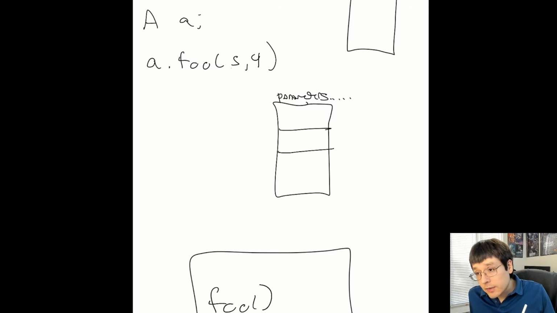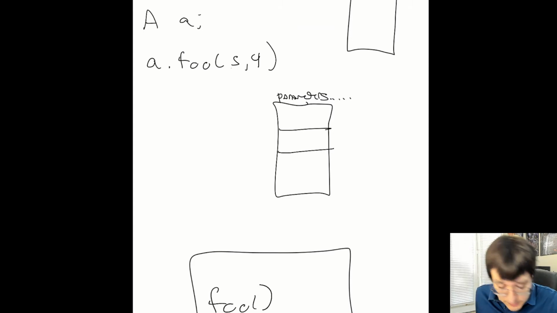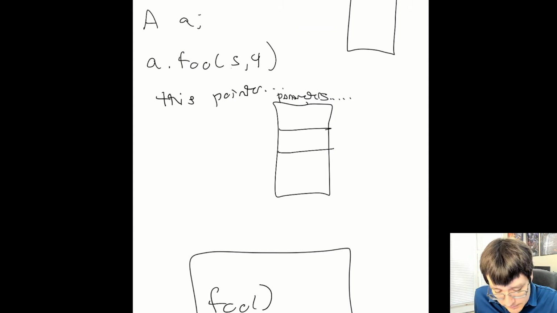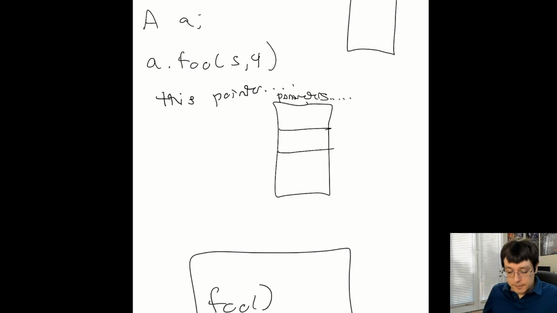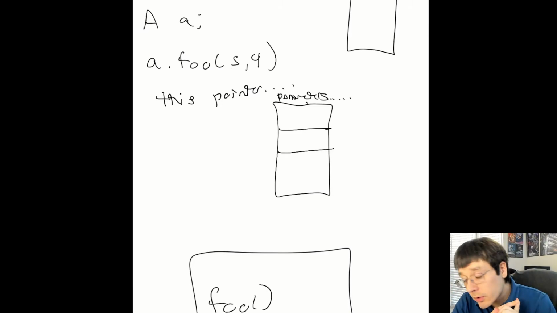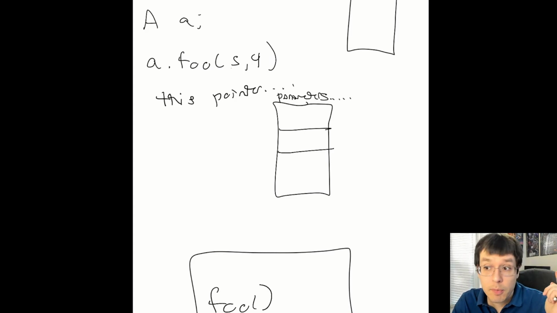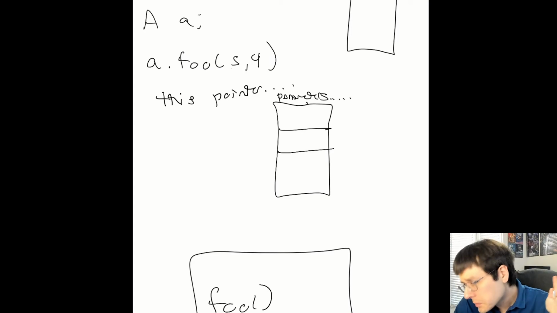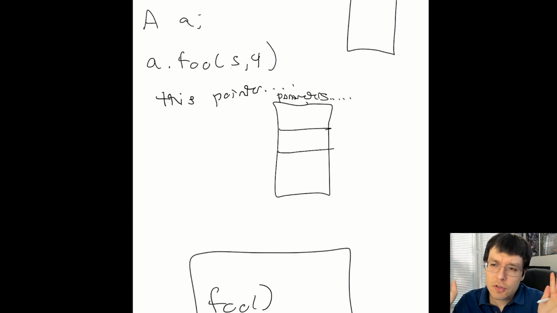We call this the this pointer. Okay? So in short, two things are passed to functions when you do a function call that's part of a class. The parameters of it, because you need them for the function to work, or there might be none. But then it's just like some hard-coded function.